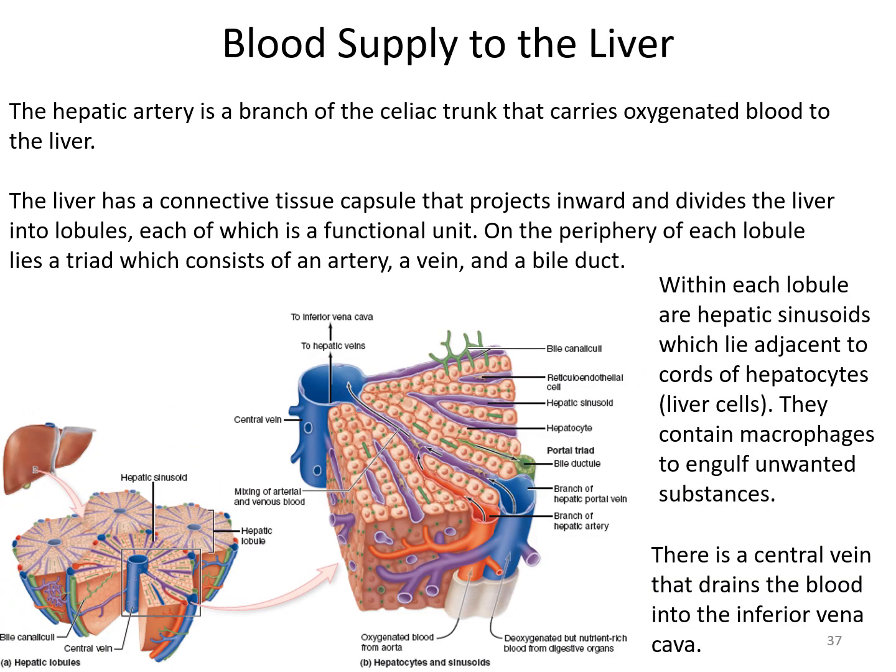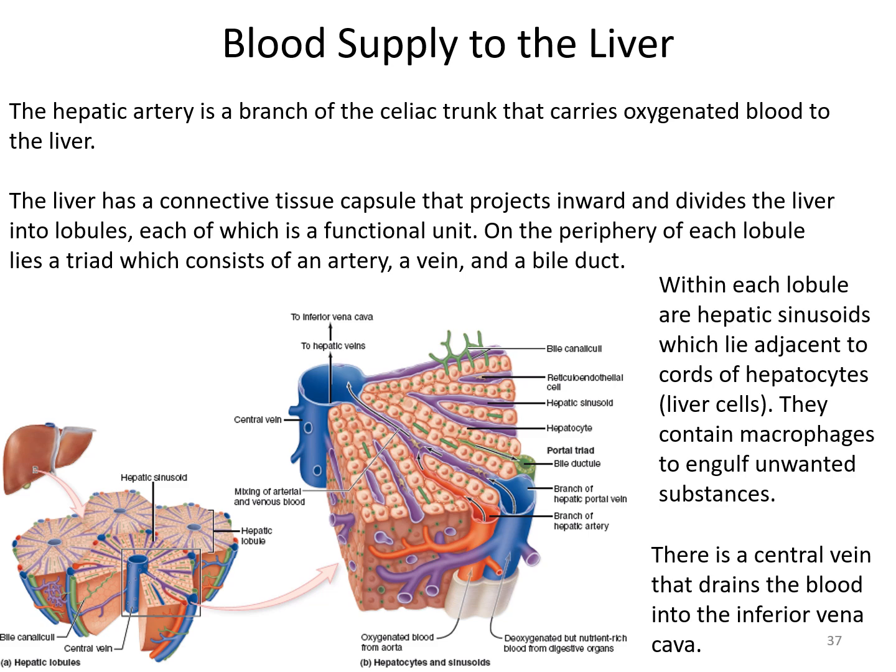For the blood supply to the liver, you've got the hepatic artery. The hepatic artery is one of those branches that comes off the celiac trunk that we talked about in lab before. It carries oxygenated blood to the liver. The liver has connective tissue capsules that project inwards and divide the liver into different lobules, and each lobule serves as a functional unit, very similar to the bronchopulmonary segments that you see in the lung, but we've got lobules in the liver.